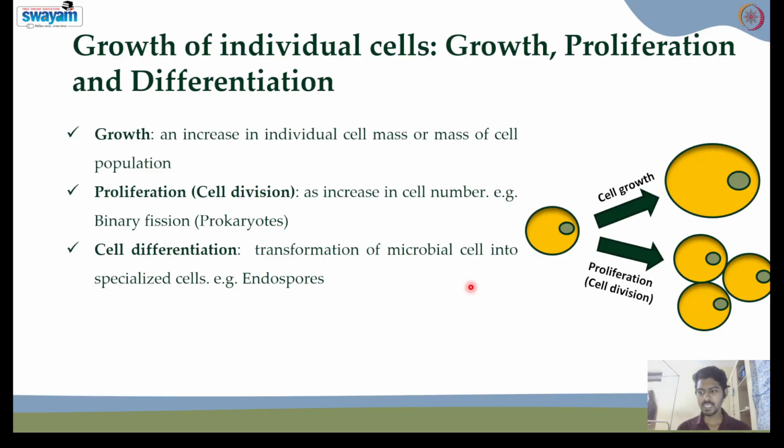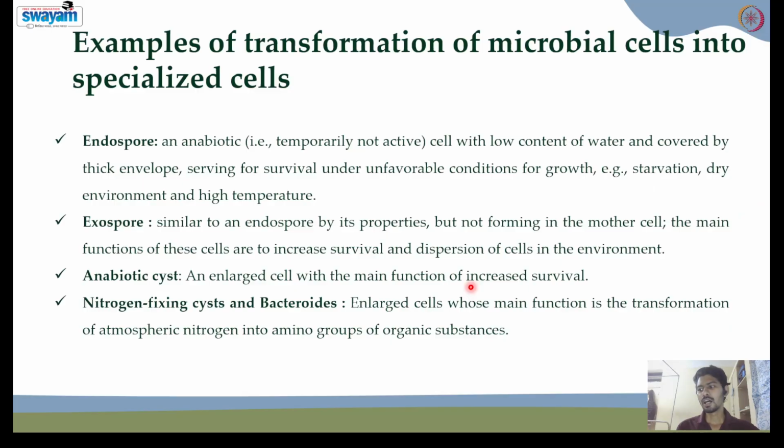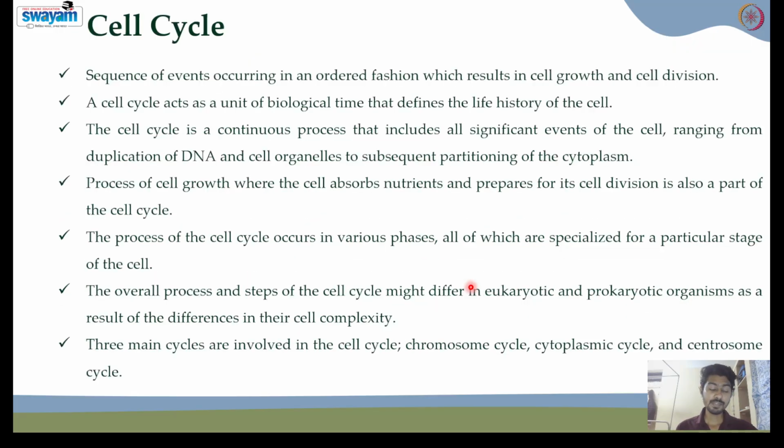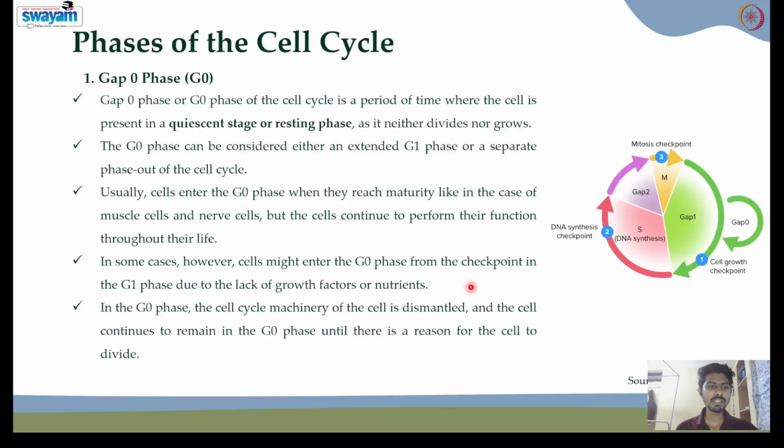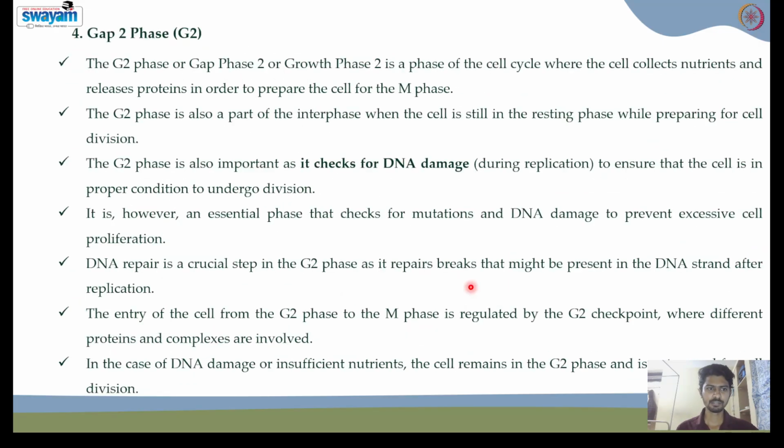So till now we have seen growth, cell division, the difference between them, and how cells differentiate. We have seen some examples and the concepts behind them. Followed by that, we have seen the important concept of the cell cycle: the three events, chromosomal, cytoplasmic, and centrosome events, and the main phases of the cell cycle, which are G0 phase, G1, S, G2, followed by M phase.